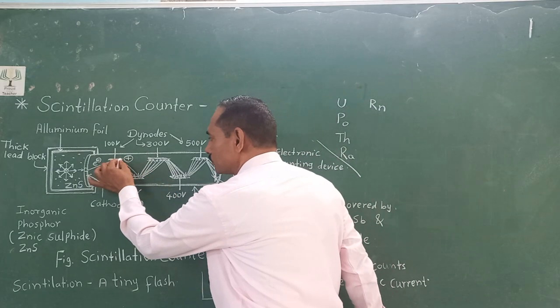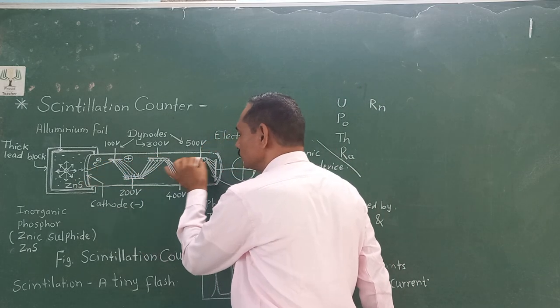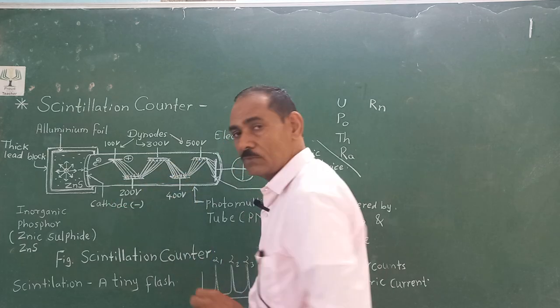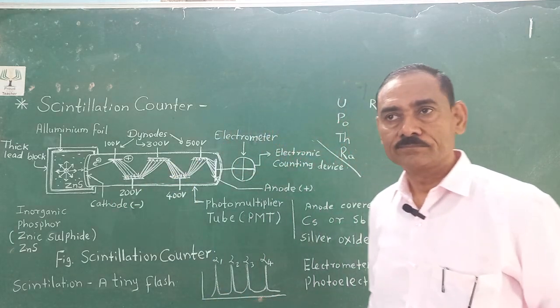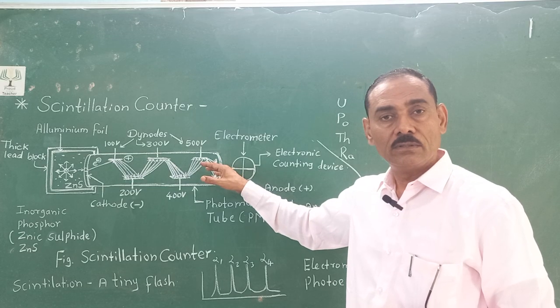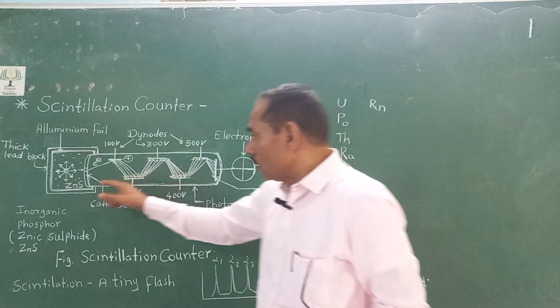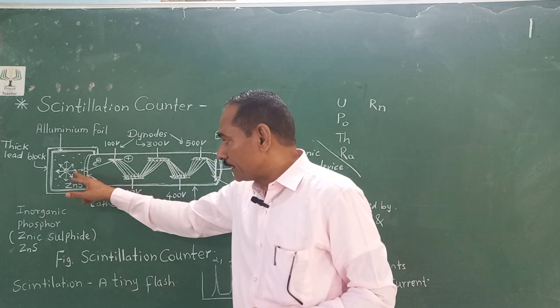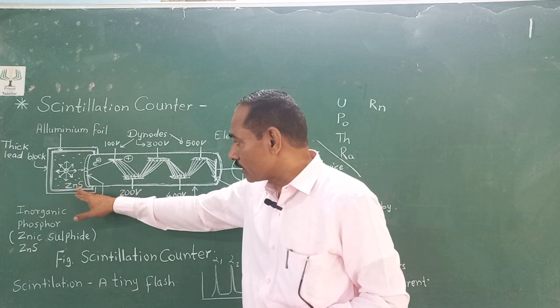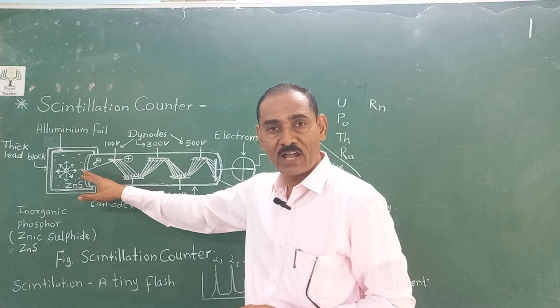Here is that cesium or antimony. The coating is given there. That coating is responsible for emitting the electron. Whenever alpha and beta particles fall on the phosphor like ZnS, it emits the tiny flash.